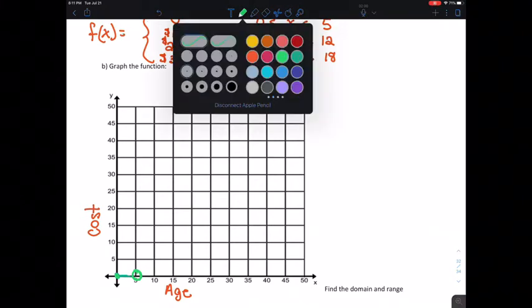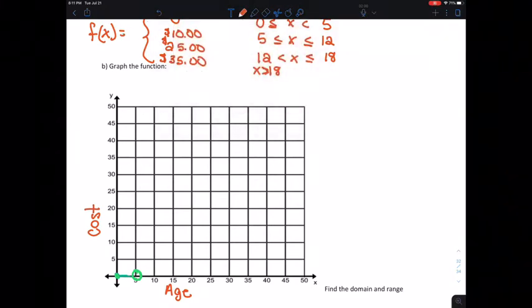But once they turn 5, now that's a closed circle. Now they have to pay $10. So that'll be a closed circle on 10, and that's going to go all the way until they're 12. We just have to kind of estimate 12.